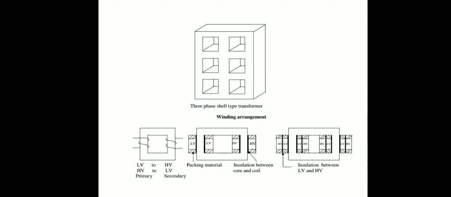The third one is where the LV winding is kept near to the core. After the LV winding is done, it is the HV winding. In between the LV winding and HV winding there is insulation.